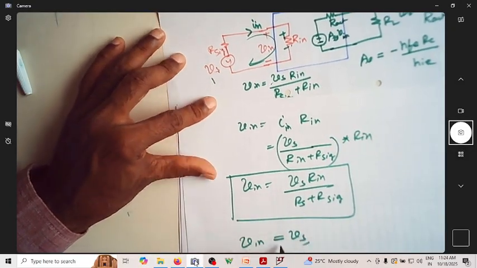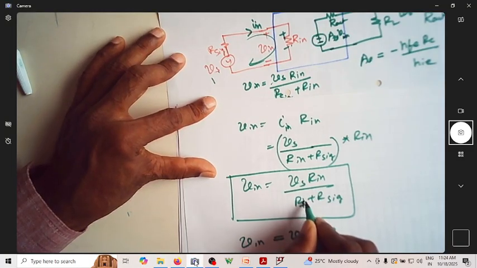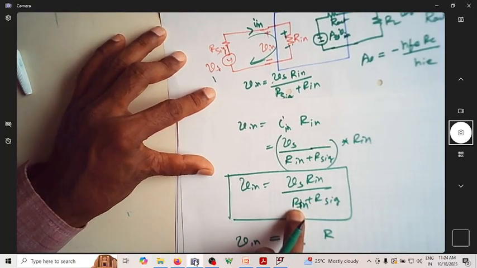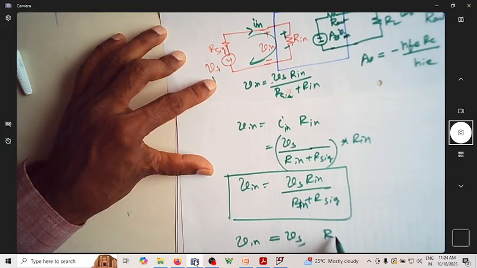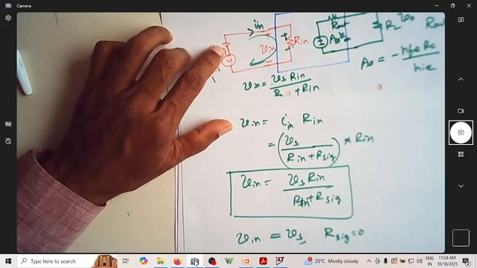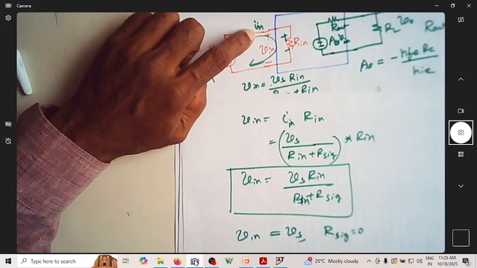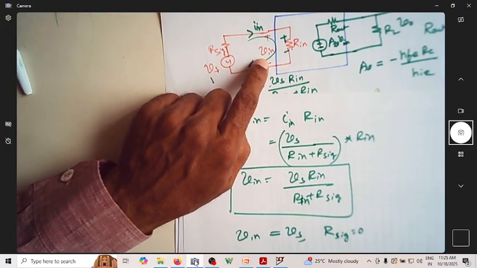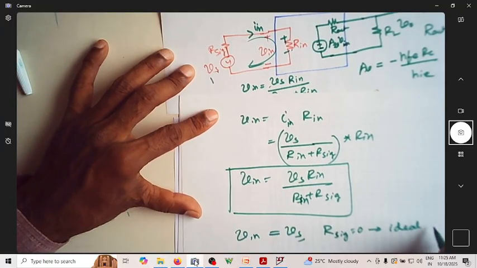The overall resistance is R signal plus R in. Now V in is equal to Vs if R signal is 0. If you don't have any resistance here, no drop will happen because of this current, and because there is no resistance, the entire voltage will reach this input voltage. So this means it's an ideal source.